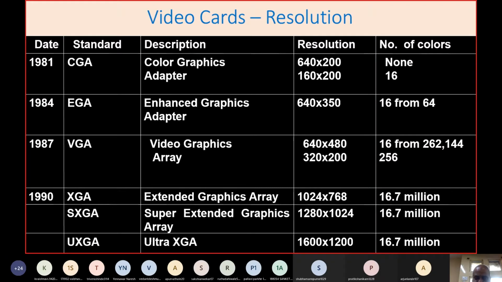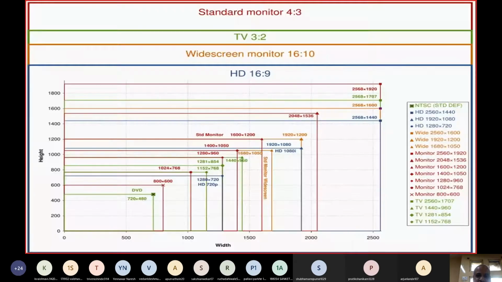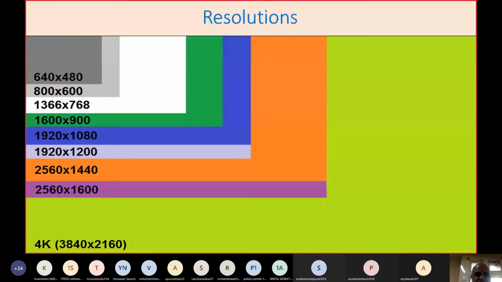Even this VGA and XGA is being phased out because of HDMI resolutions. This gives you the size of any screen, that is, the number of horizontal pixels and vertical pixels.